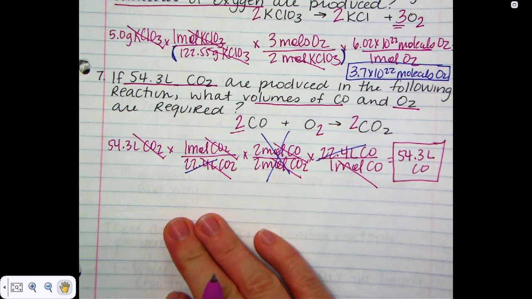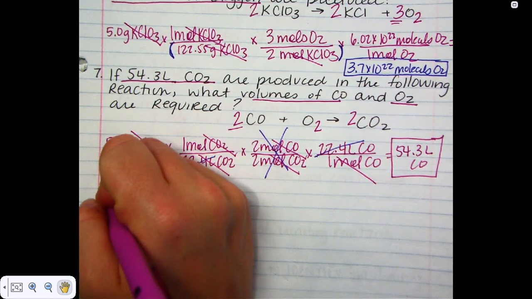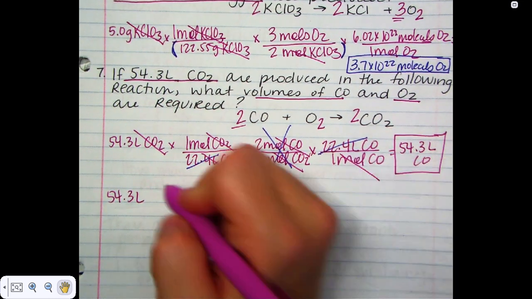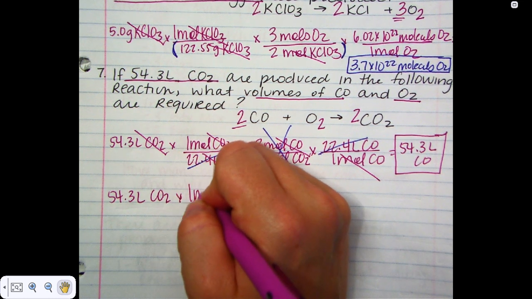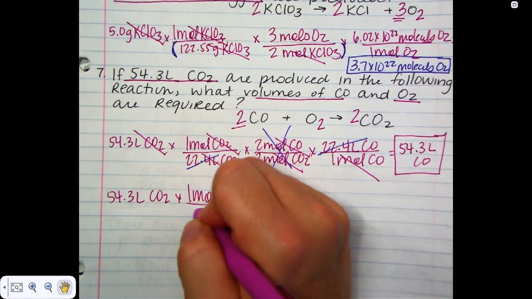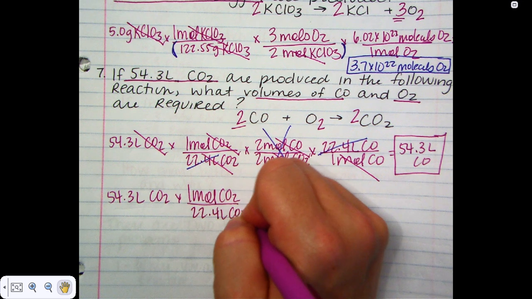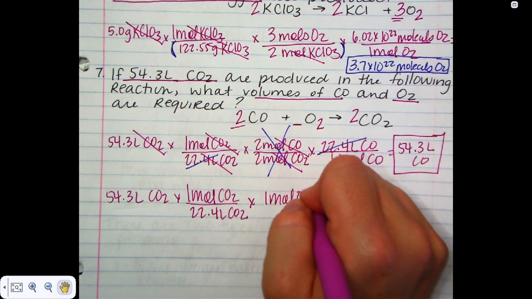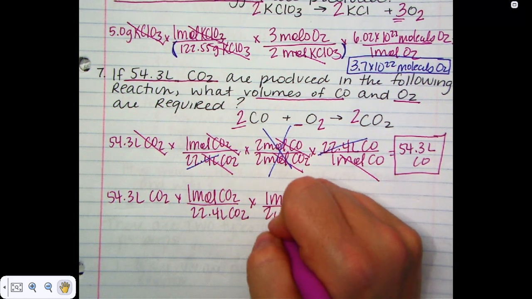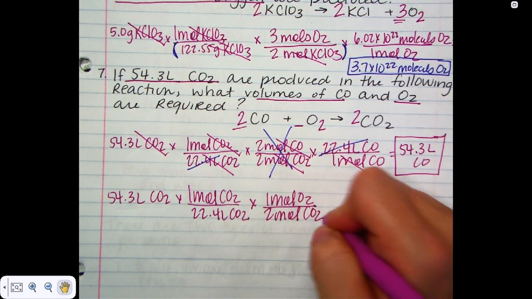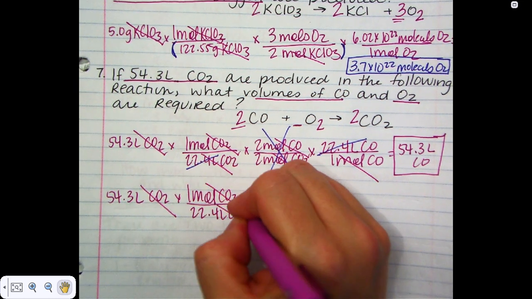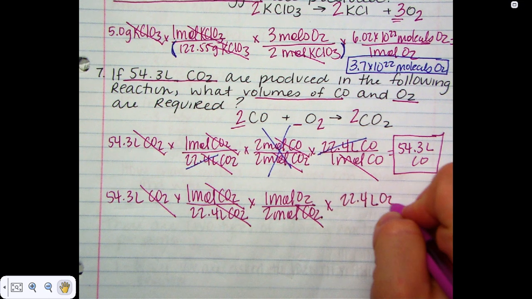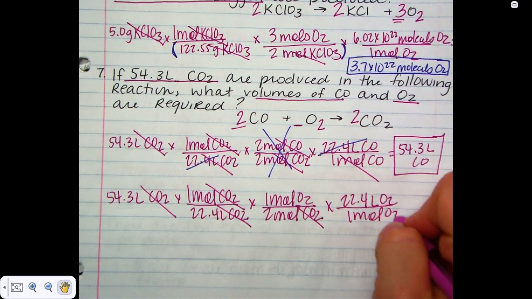And let's do the O2 now. So same thing. Starting with the same beginning number, 54.3 liters of CO2 times 1 mole CO2 over 22.4 liters CO2 times, now this time we're going to O2, so 1 mole O2 over 2 moles CO2, so out of liters, out of moles, into moles of O2 times 22.4 liters O2 over 1 mole O2.